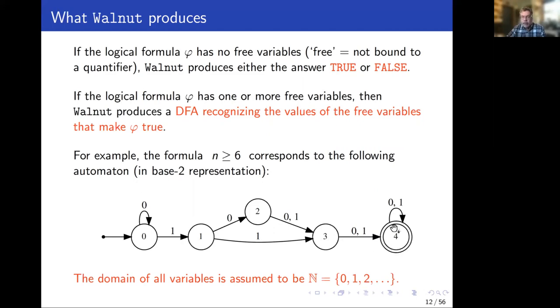That's accepted because of the double circle. And how about 5? 5 is 1, 0, 1. That's not accepted because it's a single circle. So if there are one or more free variables, what you get back is an automaton like this. And I'll explain what I mean by you get an automaton in a second. Any questions?